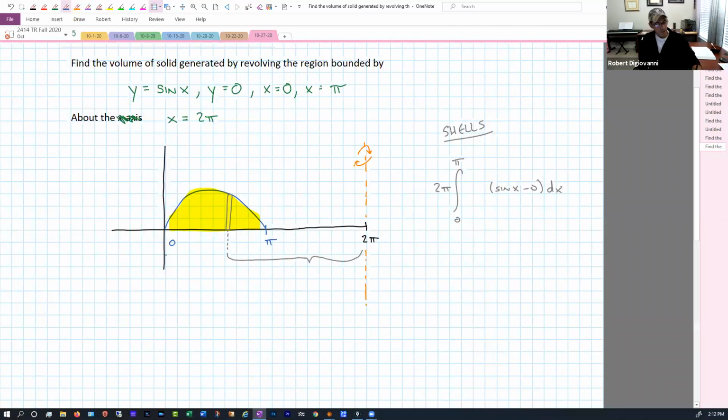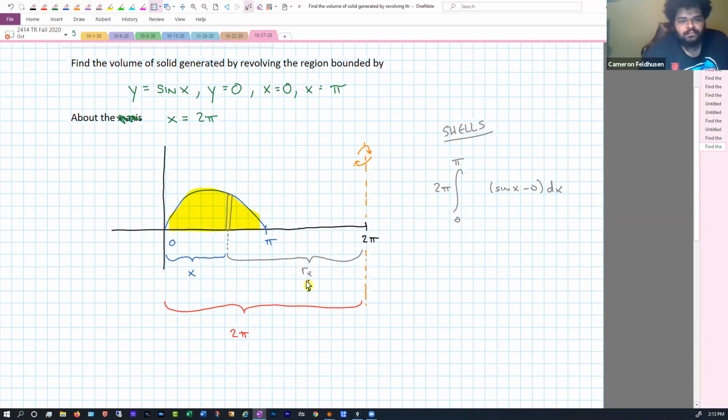We know the distance from the y-axis to the rectangle is x. And we also know that the total distance from here to here is 2 pi. So what is r subscript x? 2 pi minus x. It's 2 pi minus x.